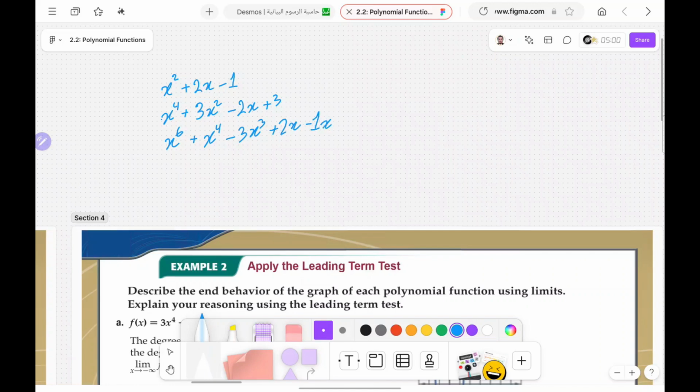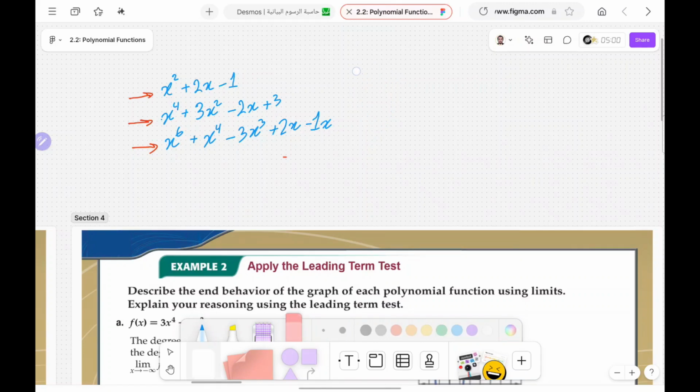All of these are considered polynomials when the polynomial has more than one term. If the polynomial has more than one term, the graph will not be only a parabola. The graph will have many shapes.